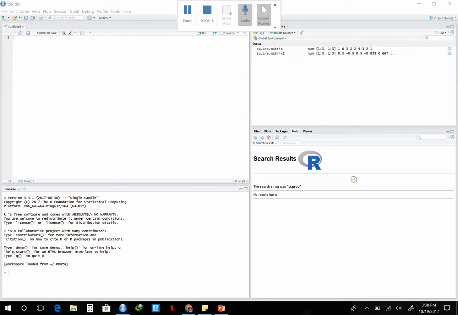Okay, so the p-norm function is used to find proportions. For example, if they asked us, what is the probability that they will beat this time in an event, or what is the probability that her height is greater than a certain height? If they ask for a probability, we're going to use the p-norm function.